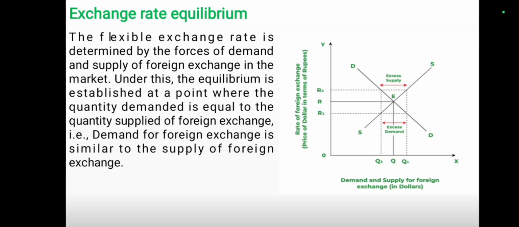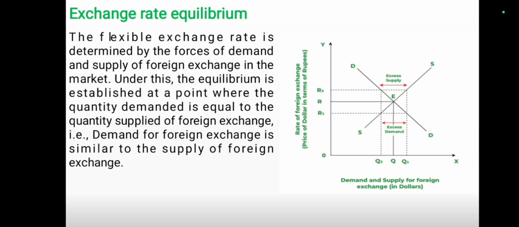Next we have exchange rate equilibrium. Equilibrium is the point where the demand and the supply match. You can see here the flexible exchange rate is determined by the forces of demand and supply of foreign exchange in the market. Based on the demand for the currencies and the supply of the currencies, the exchange rate will be determined. In the diagram, E represents the equilibrium point.